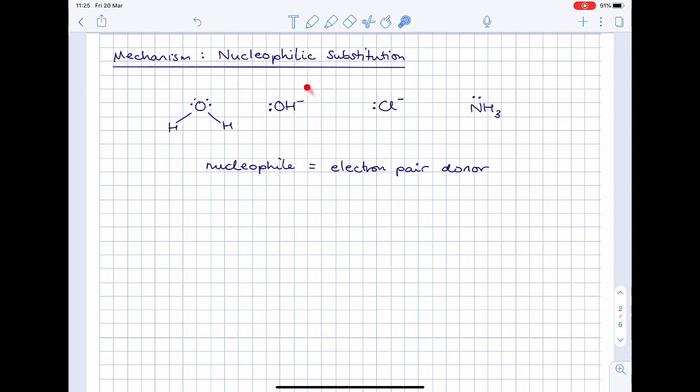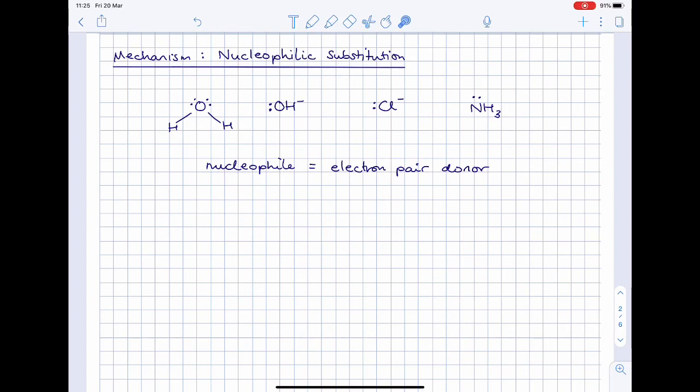Hydroxide ions are better nucleophiles, so this is why we use hydroxide ions in hydrolysis rather than water. It is a more potent, or stronger, nucleophile because it has a full charge. So it's much more attractive to positive centers or partial positive centers in a reaction.